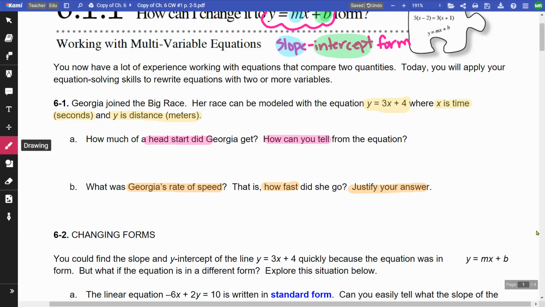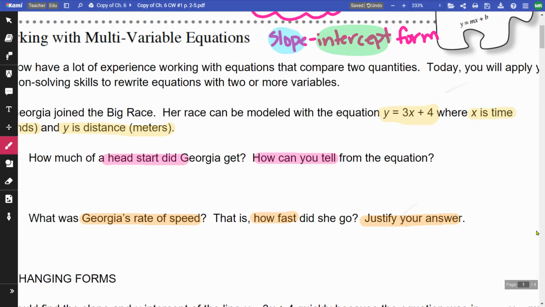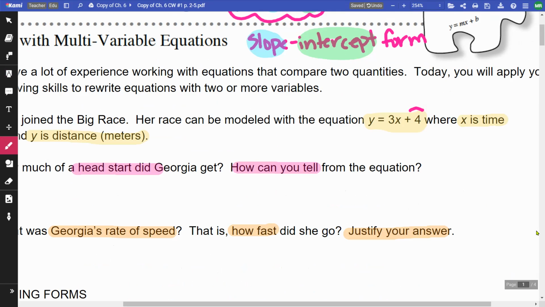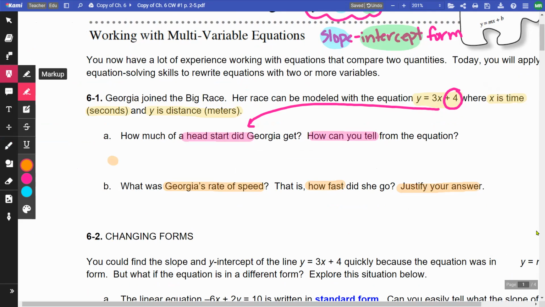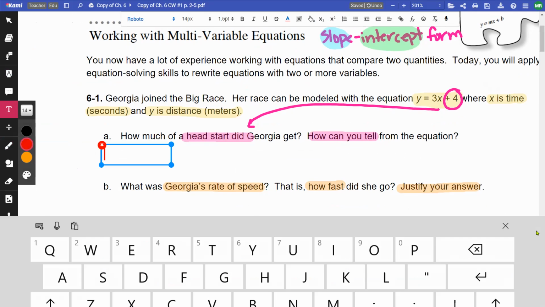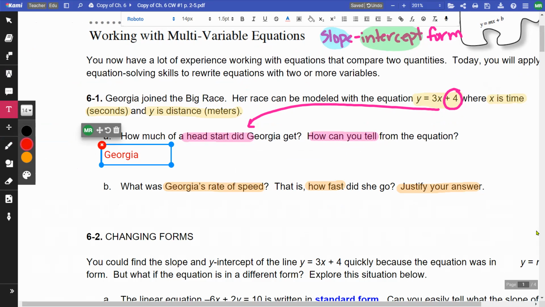So for the head start you're going to get from your y-intercept, that 4. That is going to tell us her head start. So for this, I'm going to type it here. Georgia had a 4-meter head start.